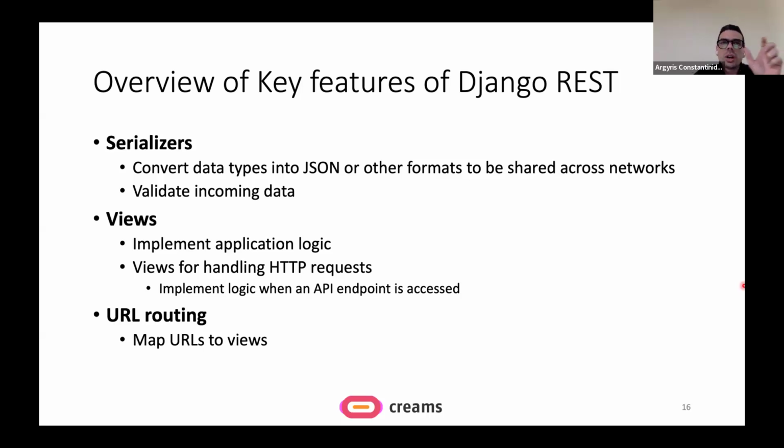So each URL that we hit or call from a client application, either a browser or a mobile application or any other client application, needs to be mapped to a specific view that will execute the request and return some response back to the requester.